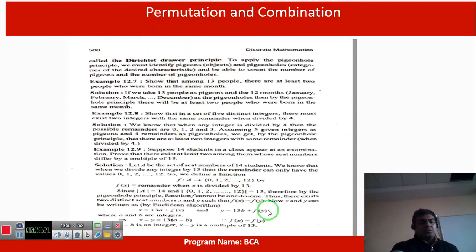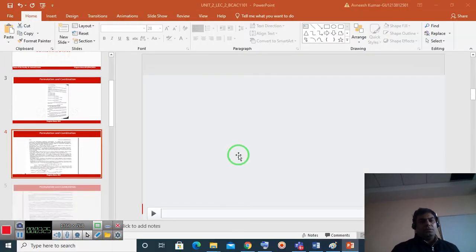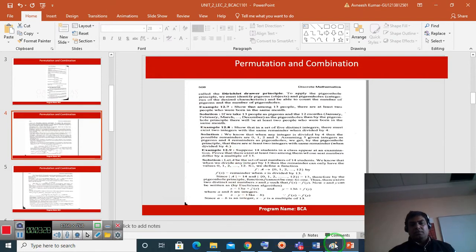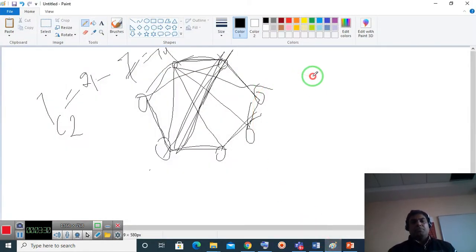Again, we can explain with the help of an example, using the paint tool. We have the 12 months, numbered 1 to 12, and 13 people.